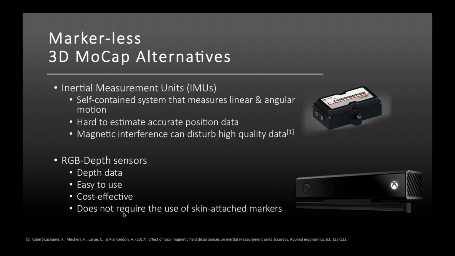These are cost-effective alternatives. They cost around $100 to $200, are easy to use, and can provide depth data. More importantly, you don't need any skin-attached markers, which was very appealing to us when we were trying to find an alternative to traditional 3D motion capture systems.